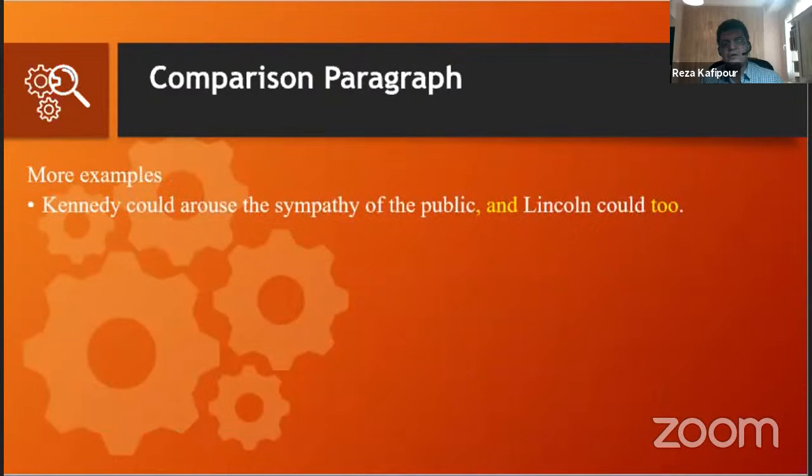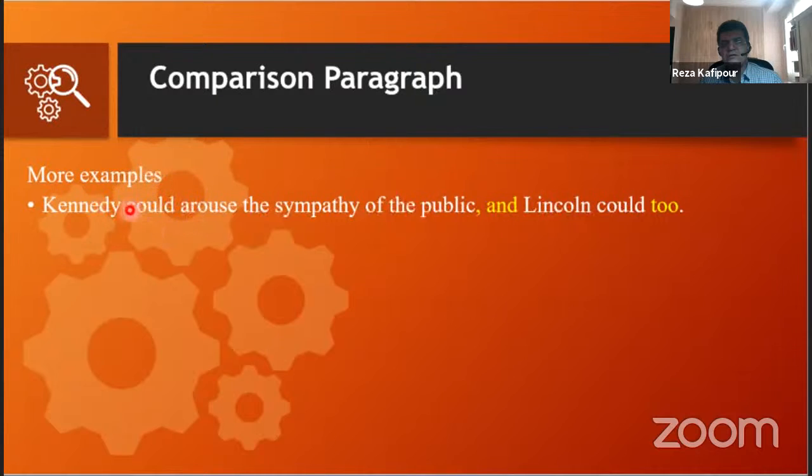But we need to work on this structure. Another example, let's do some more exercises for "and so" and "too". For example here, Kennedy could arouse the sympathy of the public, comma, and Lincoln could too. As we said, after the second subject, we need an auxiliary verb, not the main verb, based on the first part of the sentence.